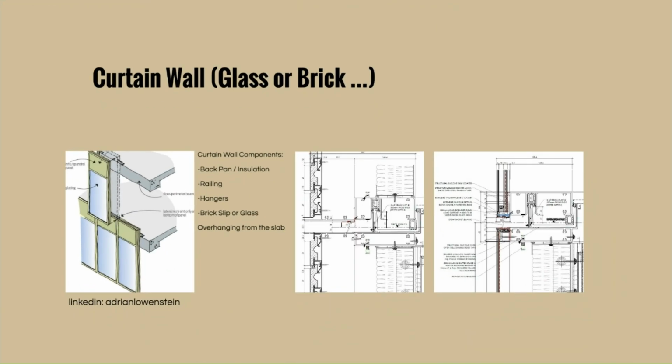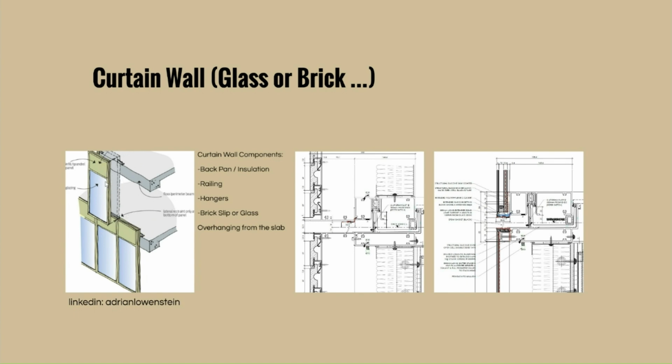Another high-technique wall is the curtain wall, which can be glass, brick, or any other type of material. That one also heavily needs a facade engineer to be involved, and also acoustic and thermal consultants and everyone else to give you advice on how to manage it. This kind of wall is not sitting on a slab. It's held by a slab, but it's not like a traditional wall.